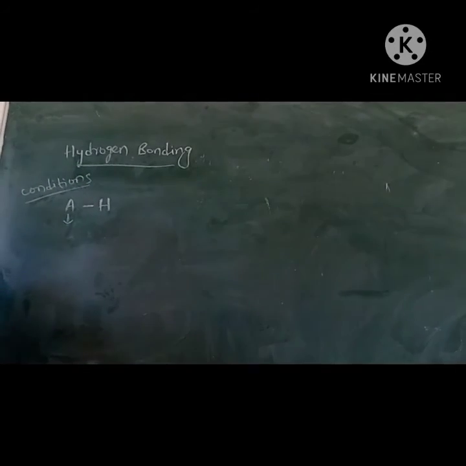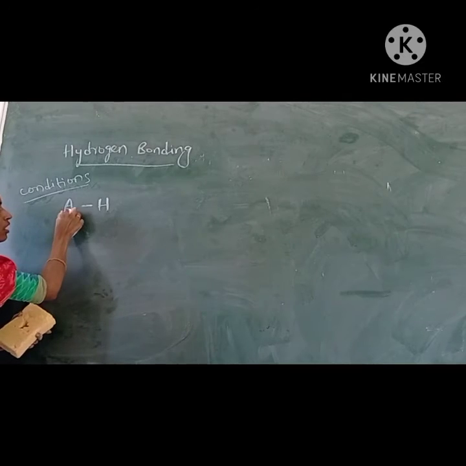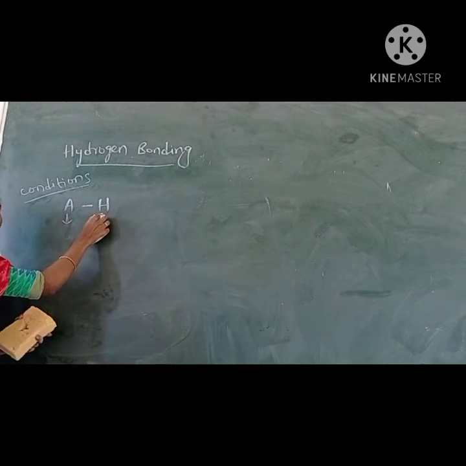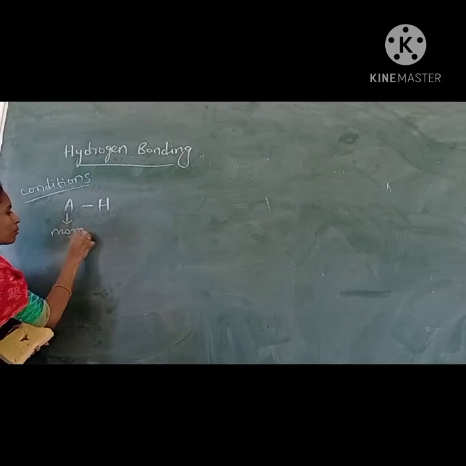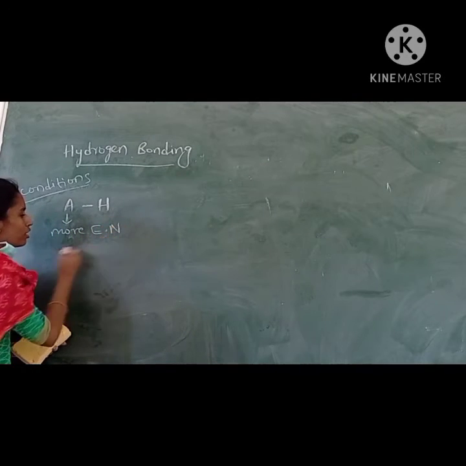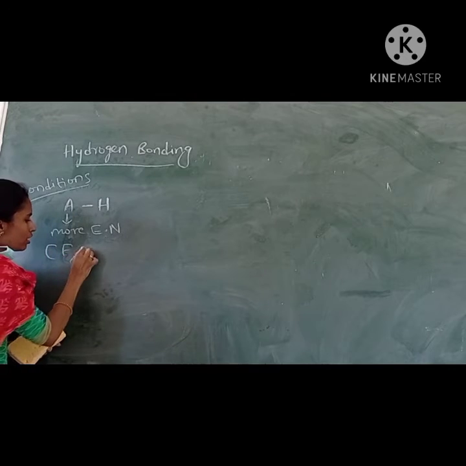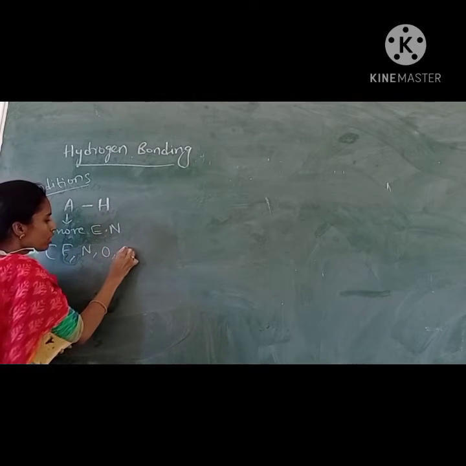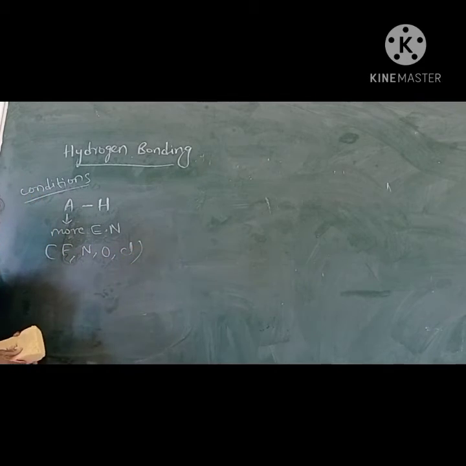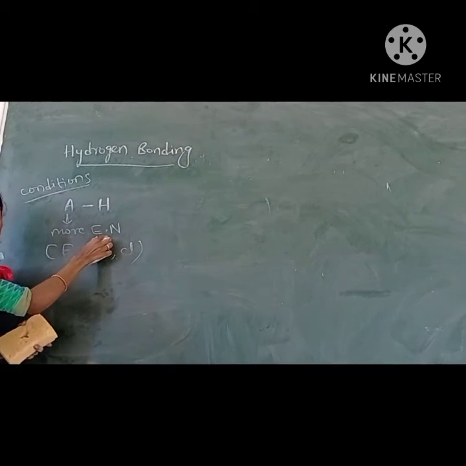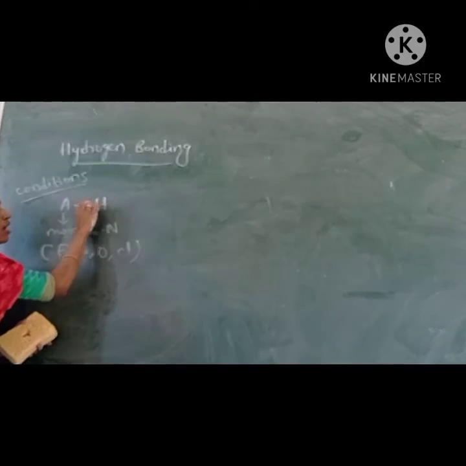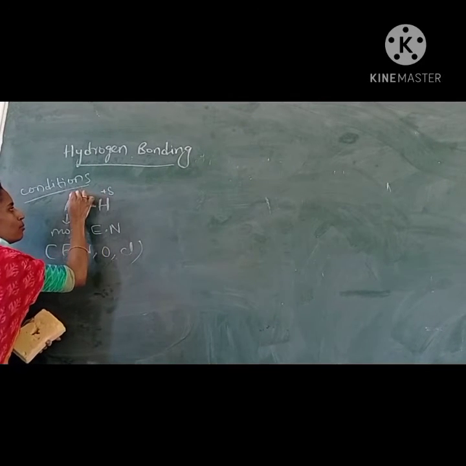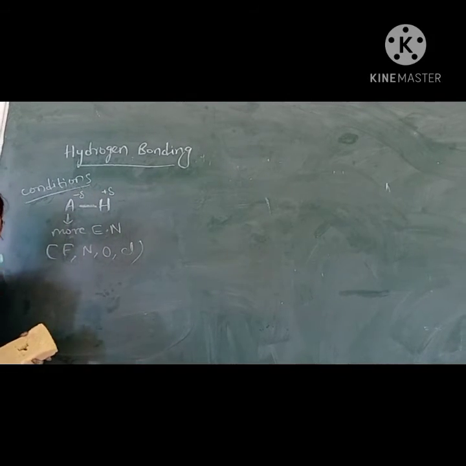The hydrogen should be attached with a more electronegative atom A. It may be fluorine, nitrogen, oxygen or chlorine. The electronegativity should be high, and only then do the partial positive and partial negative charges exist.